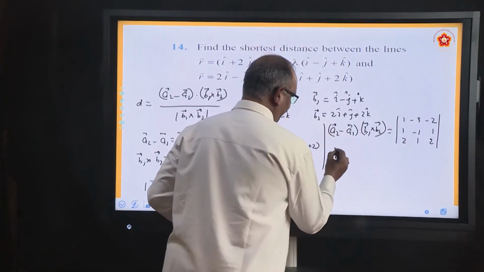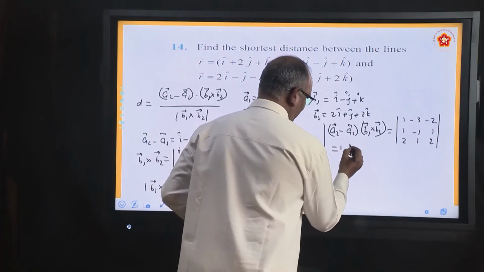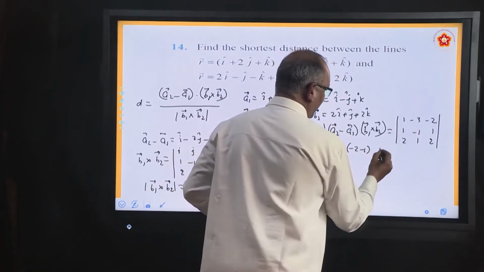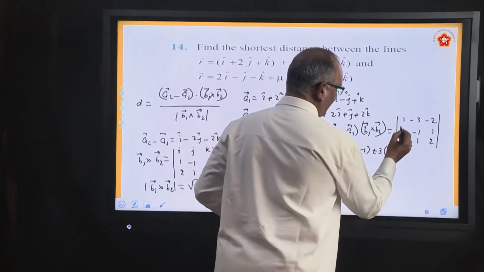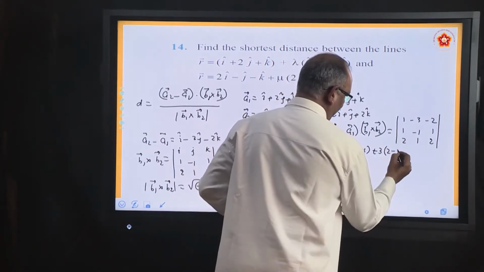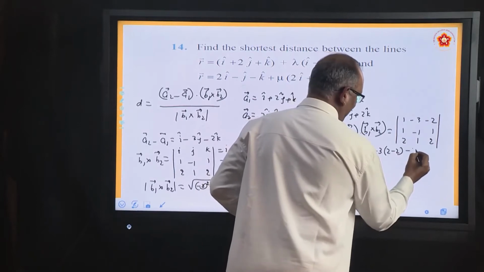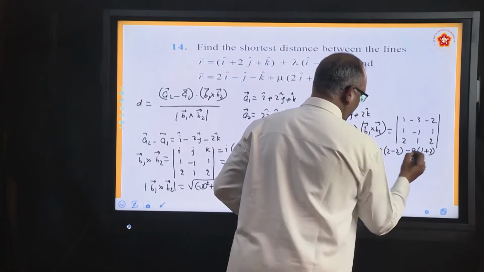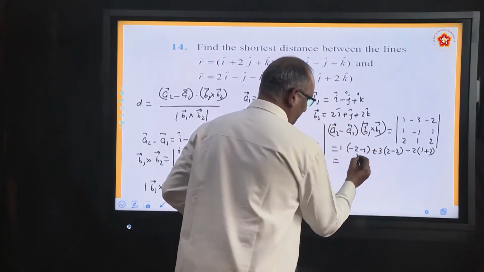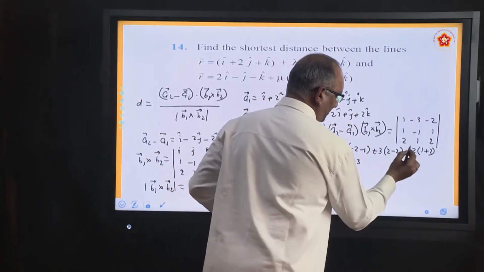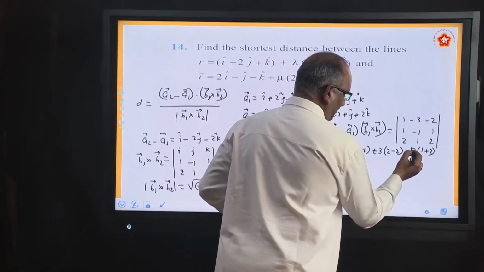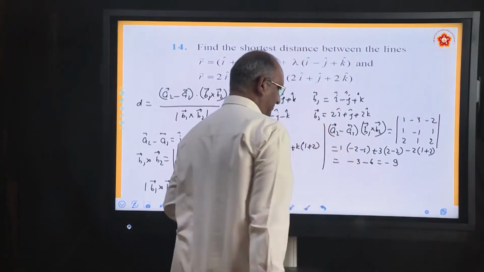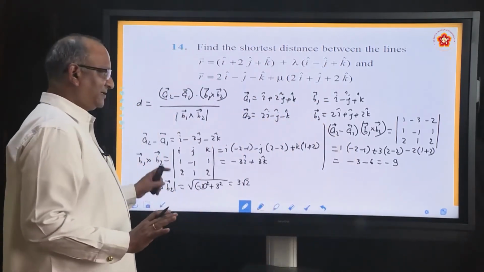Simplify that. You will get 1 into minus 2 minus 1, plus 3 into 2 minus 2, minus 2 into 1 plus 2. Simplify. This is minus 3, this is 0, 2 into 3 is 6, so minus 6. Equal to minus 9. We got all the things which we require.